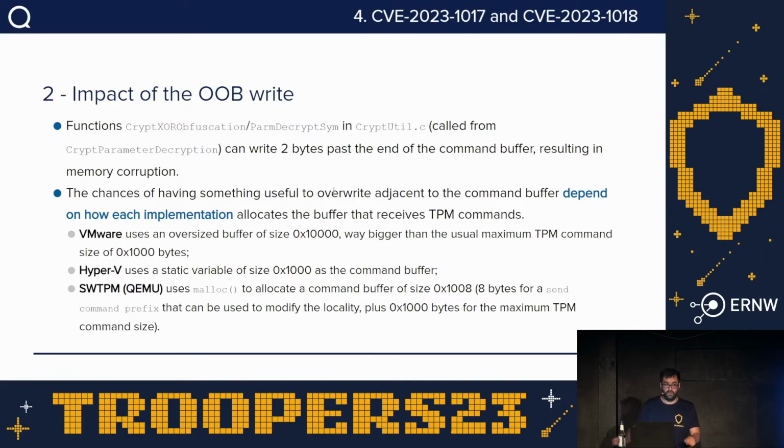The one that looks more promising from an exploit writer perspective is SWTPM used by QEMU, because it uses malloc in order to allocate the command buffer.